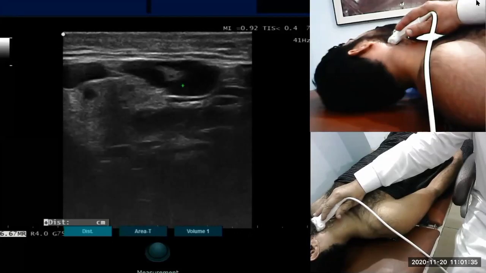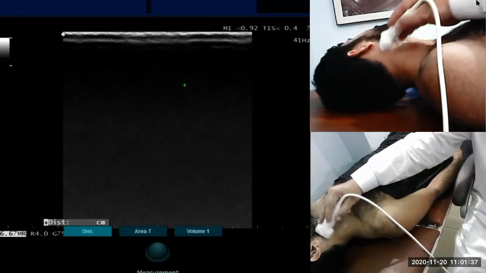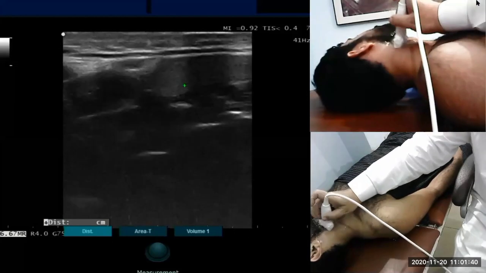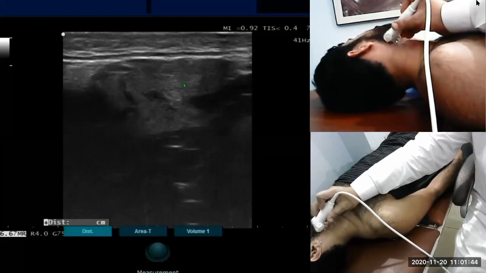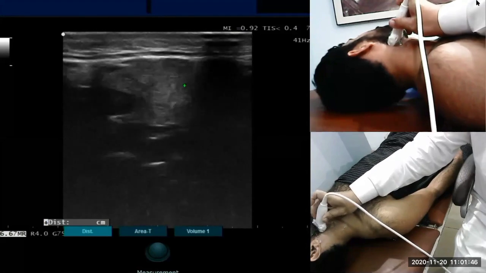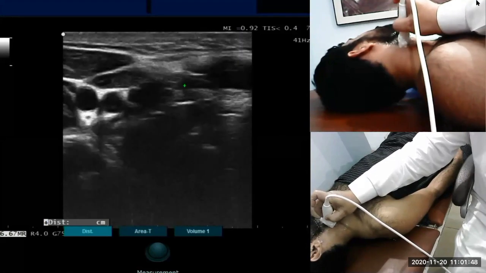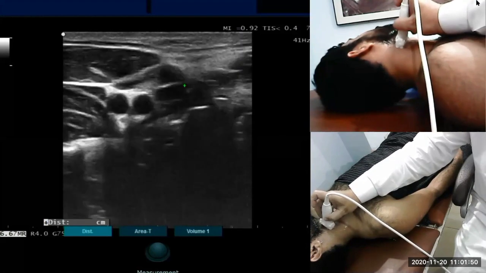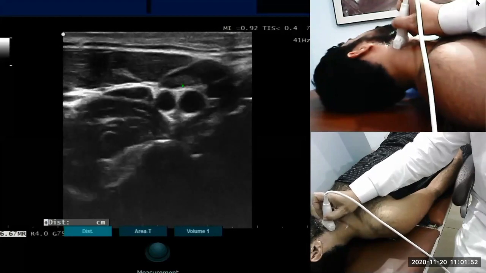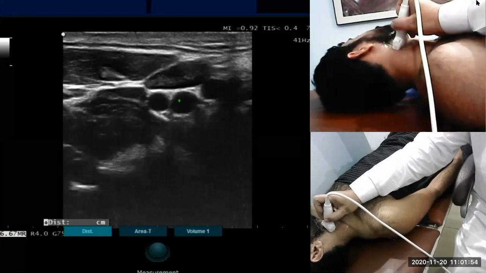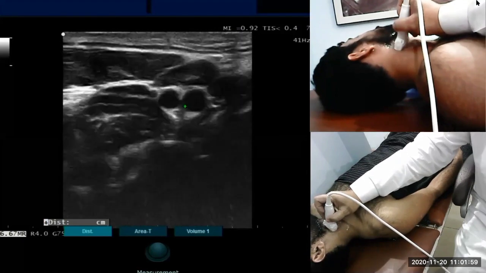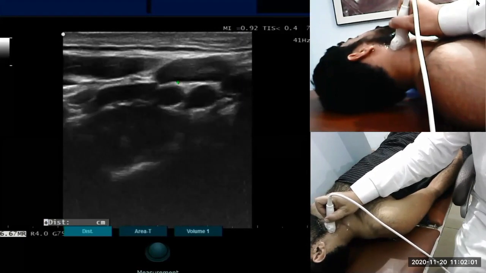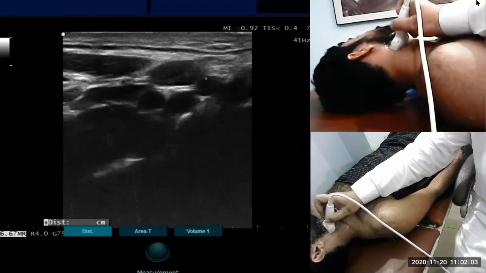You can see some lymph nodes here. And now, after looking upon the submandibular gland, which appears normal, I'm coming down and I can see the two carotid vessels there and a lymph node, paracarotid lymph node anteriorly.